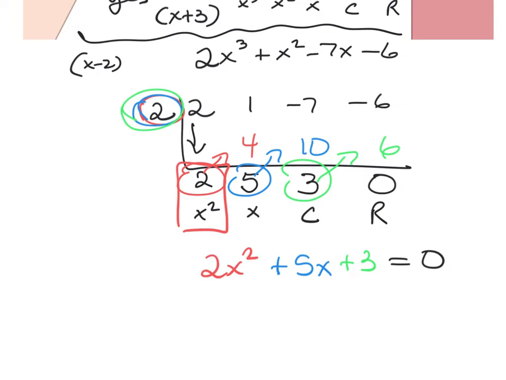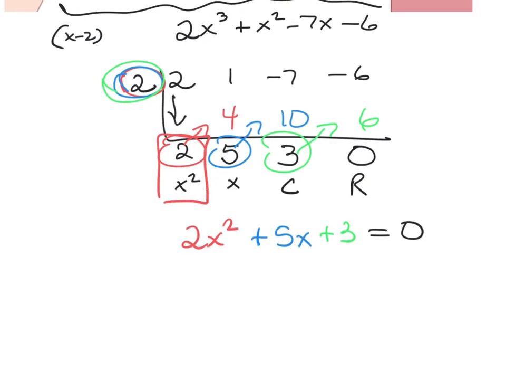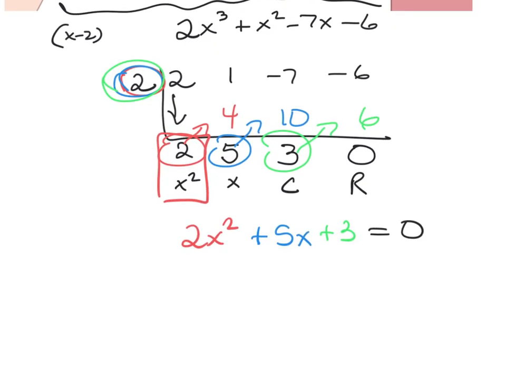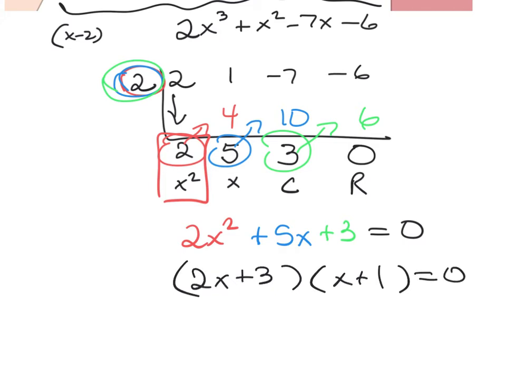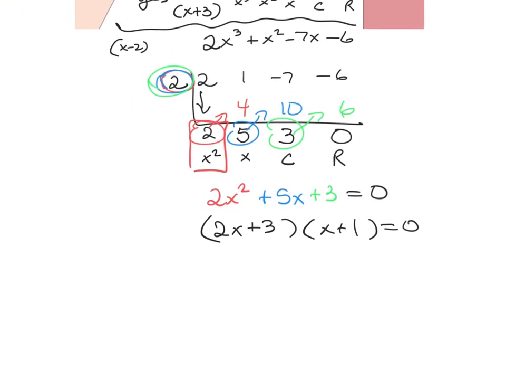I can find the remaining 2 factors by factoring this, or by using the quadratic formula, or by completing the square. I'm going to factor it because it's factorable. Let me go ahead and guess and test. Put a 2x here, put an x here. Then I'm going to put 3 here and 1 here. 2, 3, and these are my factors. So if the question said to list the factors, I have these 2.